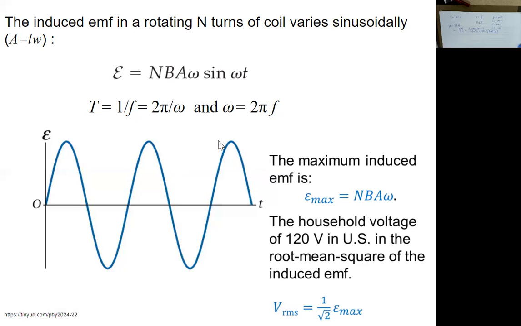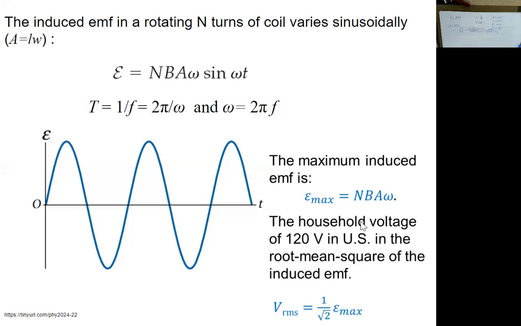It has a maximum value when the sine is equal to 1, since sine has a range from -1 to +1 and the other four quantities are fixed. So the maximum induced EMF is equal to the number of turns times the magnetic field strength times the area times the angular frequency, omega.